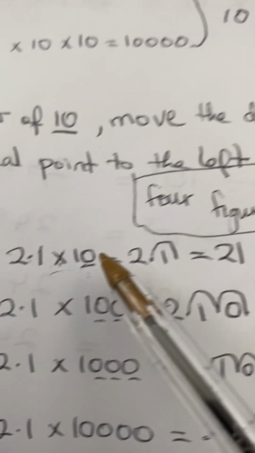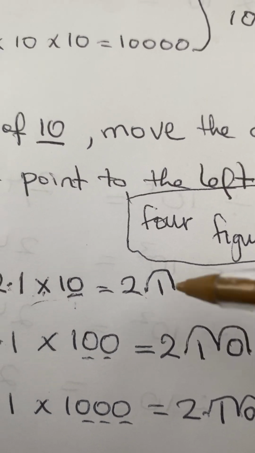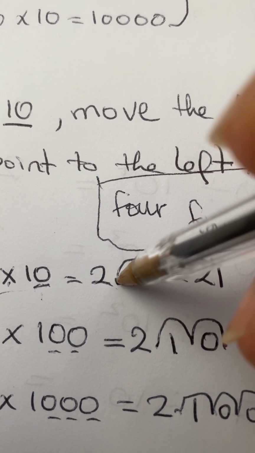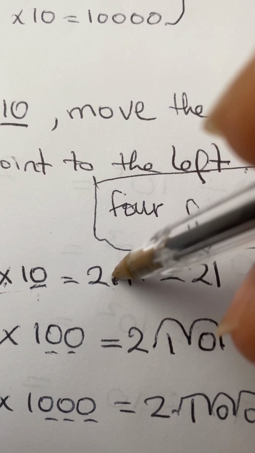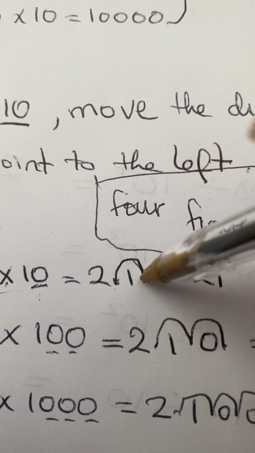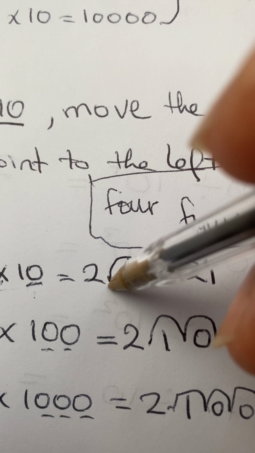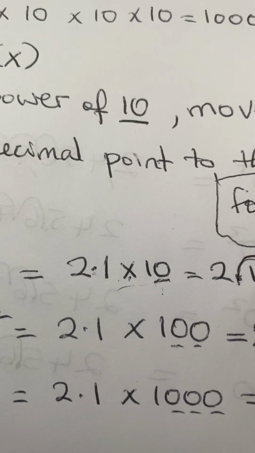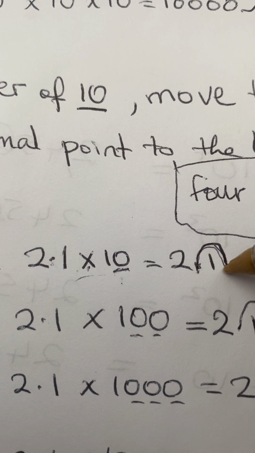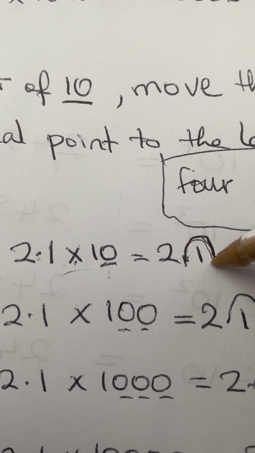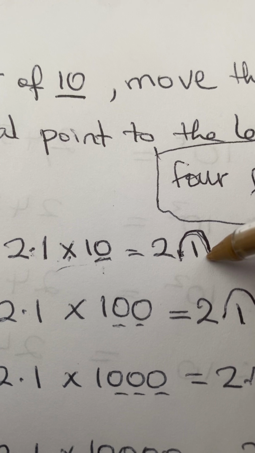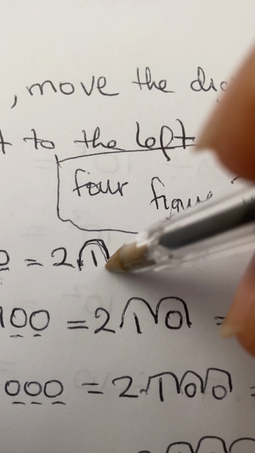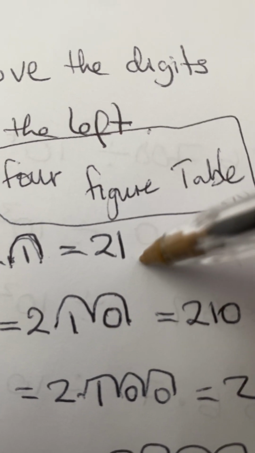The decimal is here, as you can see, and I'm moving it from here to there, because I'm multiplying 2.1 times 10 to the power 1. So now my new answer is 21.